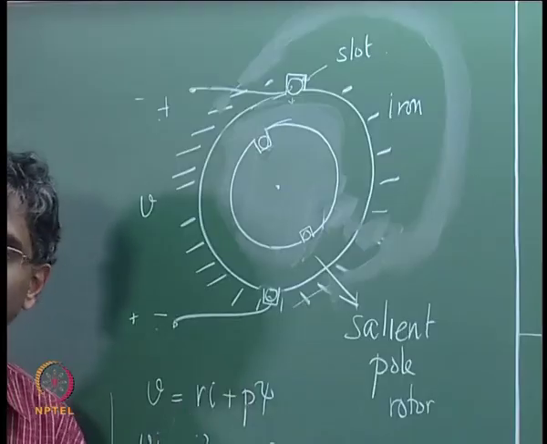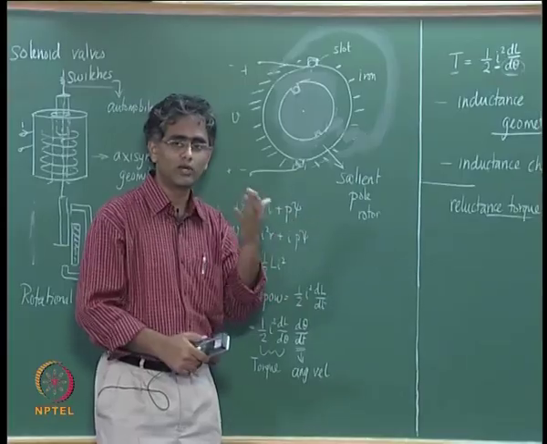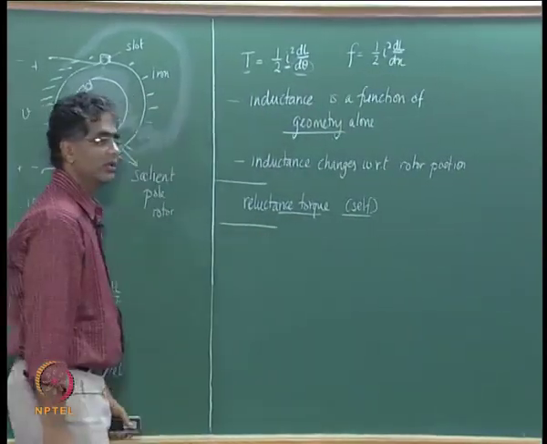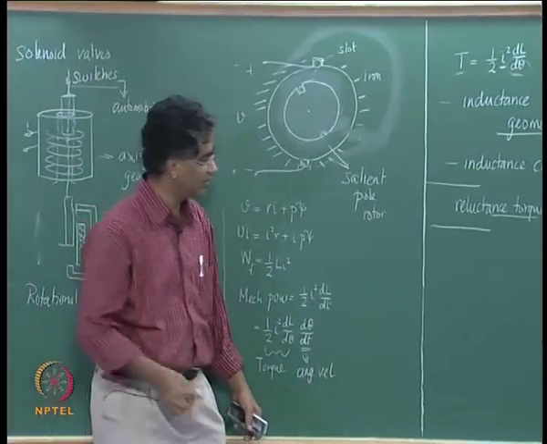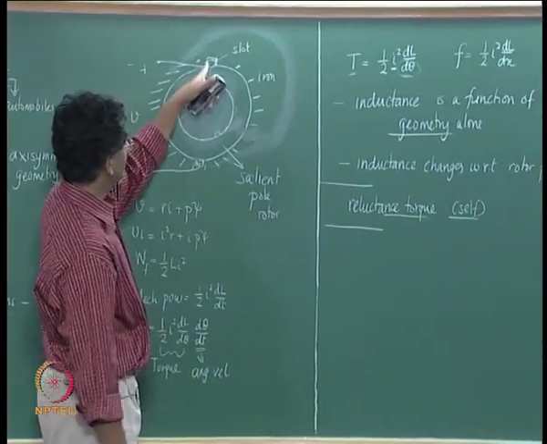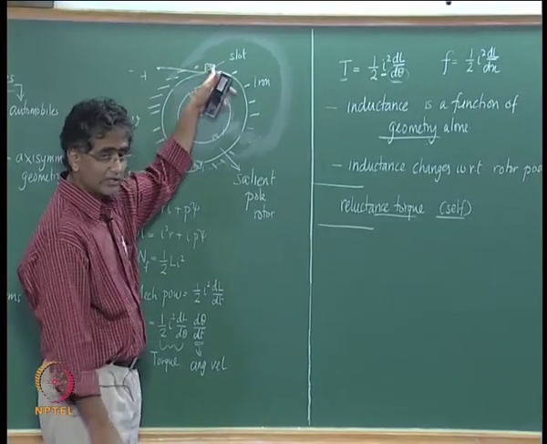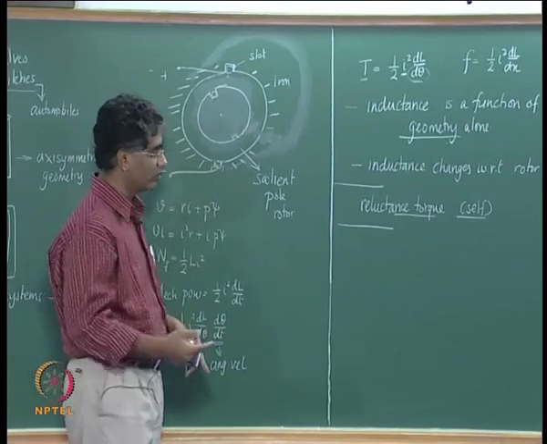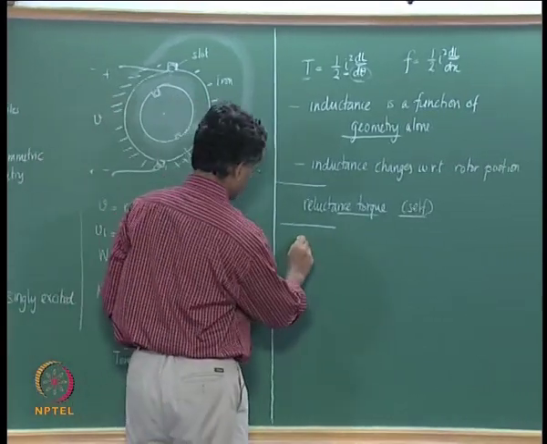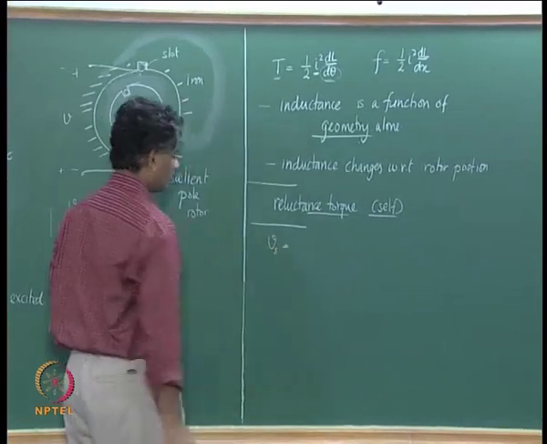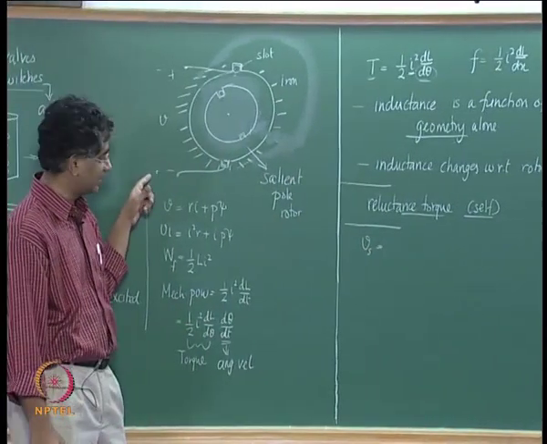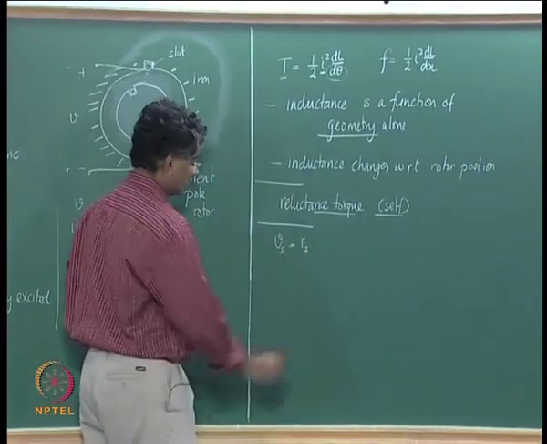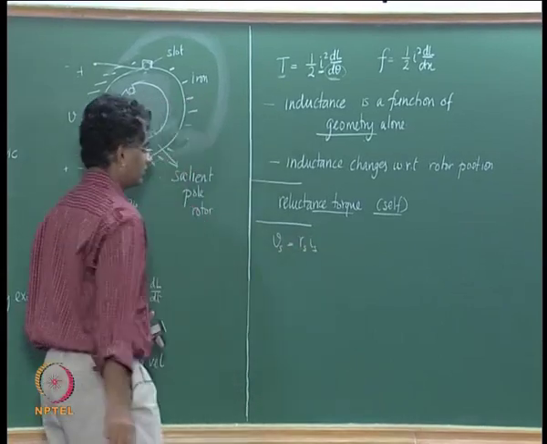So, in order to derive an expression in this case, again we have to write down equations, and we start with the familiar equations that we had written earlier. Now, there is an excitation source on the stator, there is one on the rotor as well. So, there will be two equations in the electrical part. So, we write V stator, that is the voltage applied to the stator, is equal to stator resistance multiplied by the current that is flowing through it.